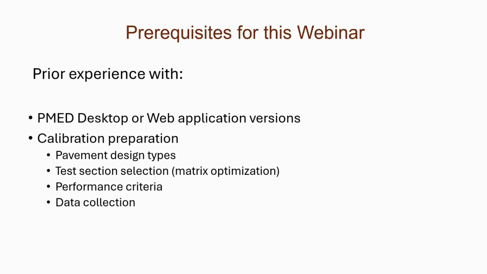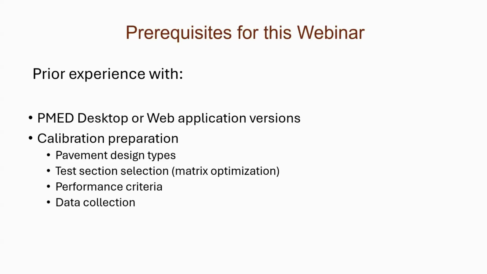Know what pavement design types your agency is interested in verifying and calibrating the performance models for. Have some idea of what test sections you can select, whether from the LTPP program or from pavement management system sections within your agency's jurisdiction.